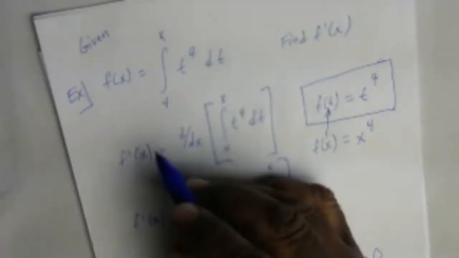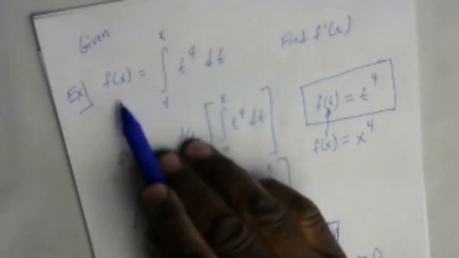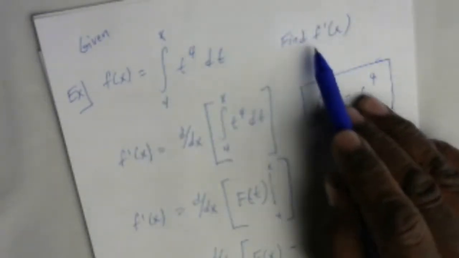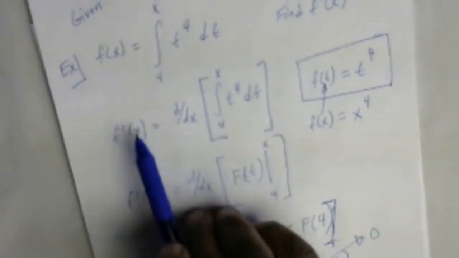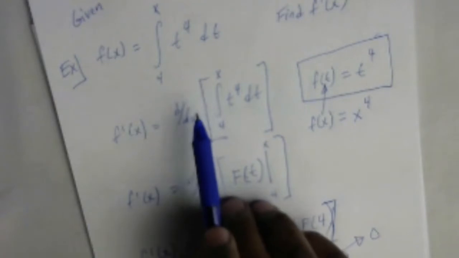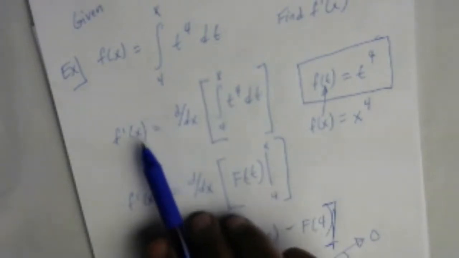So just to review this, this is what I was given, and this is what I'm asked to find. So I took what I was given, and I took the derivative for both sides of the equation. The properties of equality state whatever you do to one side, you do the same thing to the other. So I took the derivative with respect to x for both sides. Then I simply made a substitution.